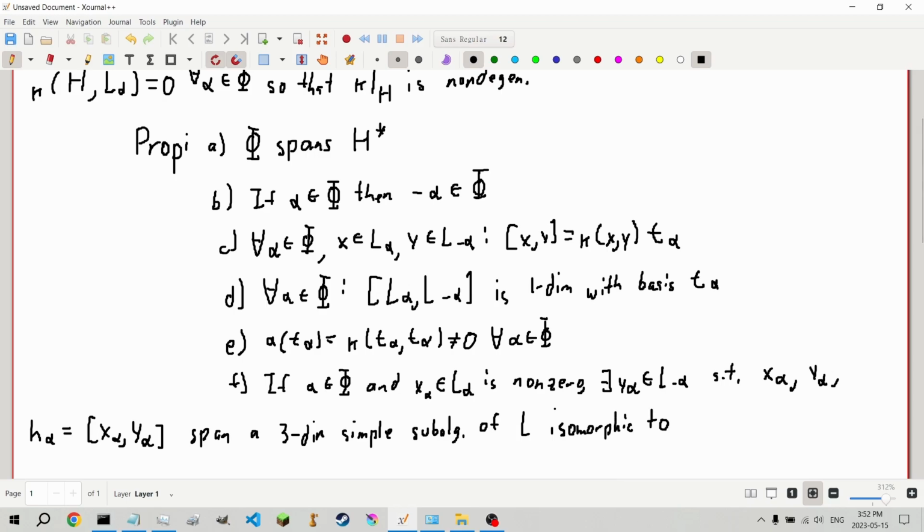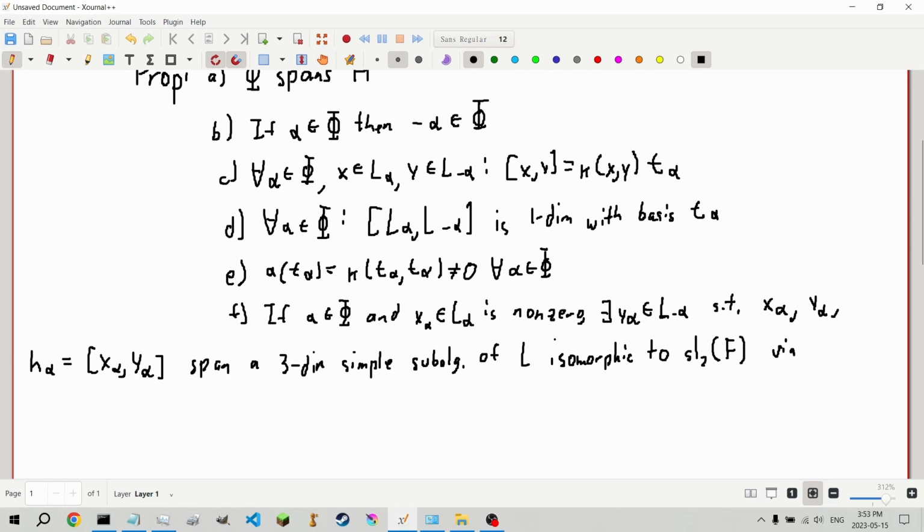Hopefully you should start to see why our study of that was important from our past couple of videos. It's isomorphic to SL2(F) with each element being sent to the element you would expect: x alpha is the upper triangular, y alpha is the lower triangular, and h alpha is the diagonal element.